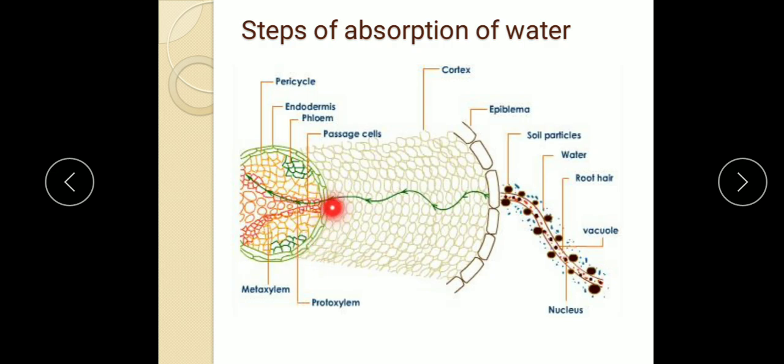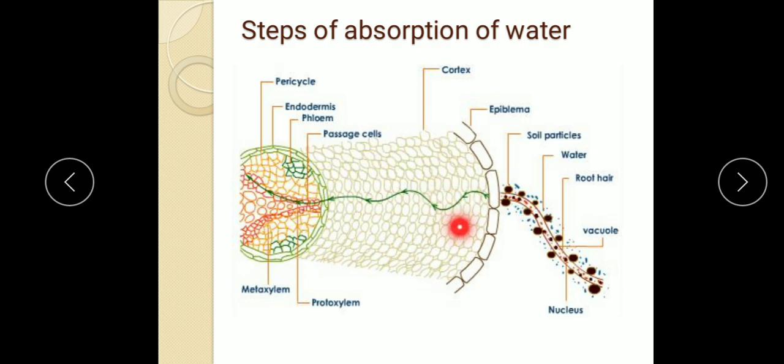On the inner side of the endodermis, one more single layer of cells is there, that is the pericycle. On the inner side we will see the xylem and phloem. So you see here, this is phloem tissue and this is the xylem. So this is the section of a root through which we will understand how water is absorbed.